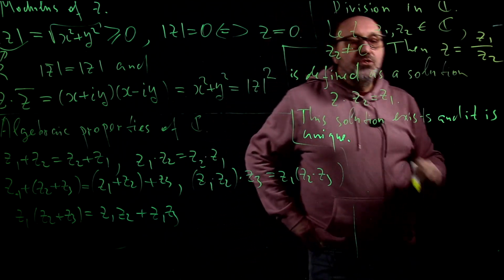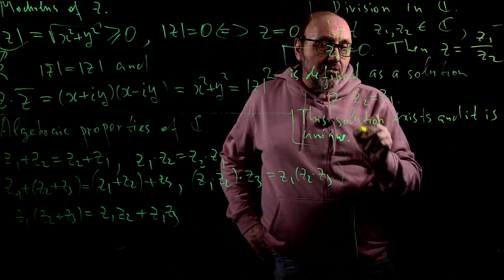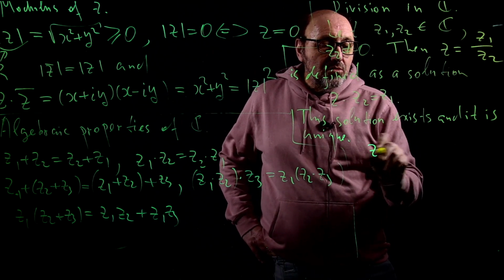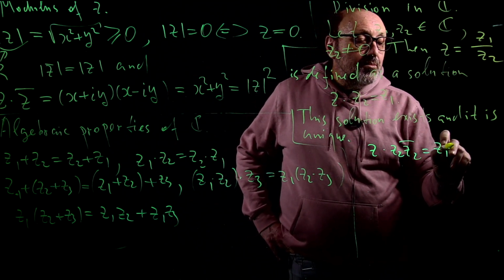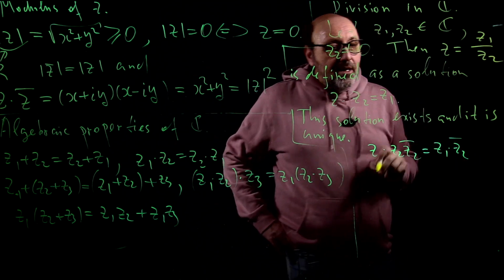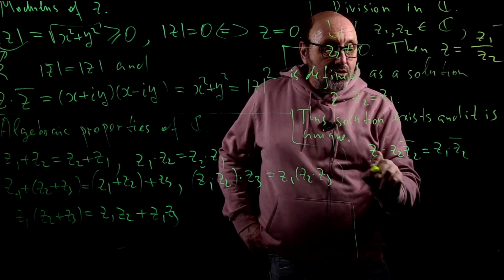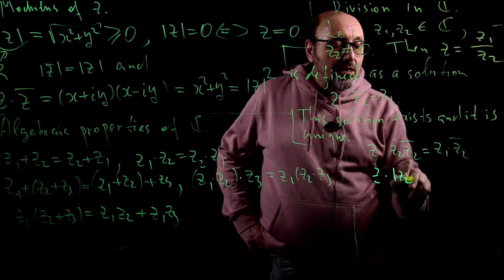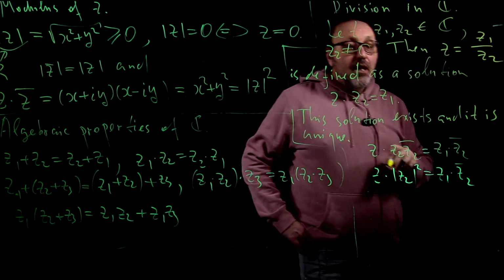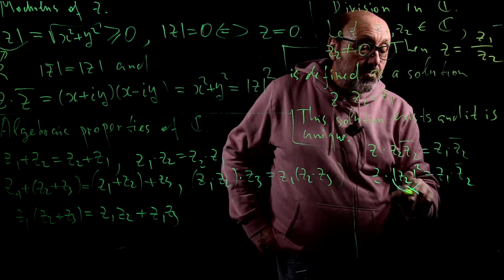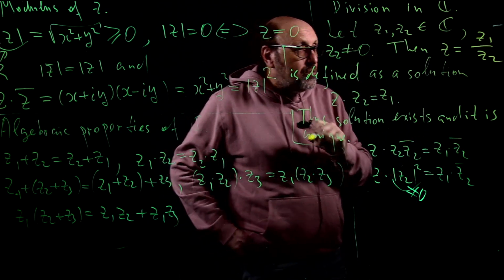This is obvious. Let us just multiply both parts of this equation by the conjugate of Z2, and we obtain this, right? But this is the modulus squared of Z2, so we have also the modulus of Z2 squared times Z, equal to Z1 times Z2 bar, and this is a non-zero real number, non-zero because our Z2 is non-zero by assumption.